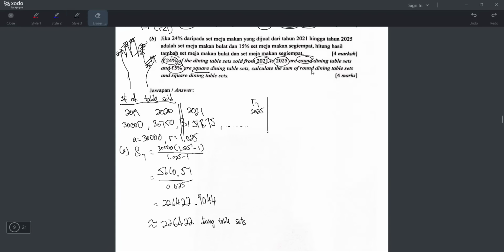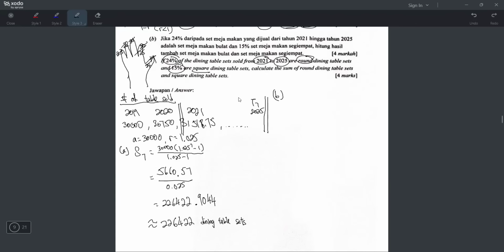Okay, before I find the sum of round and square table sets, I have to find the round table set and the square dining table set separately first. And then only I plus them together. So I will write here, my B working. So how do I do it?